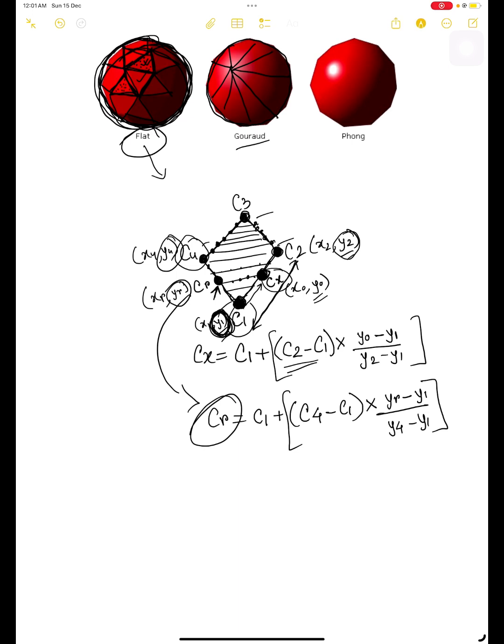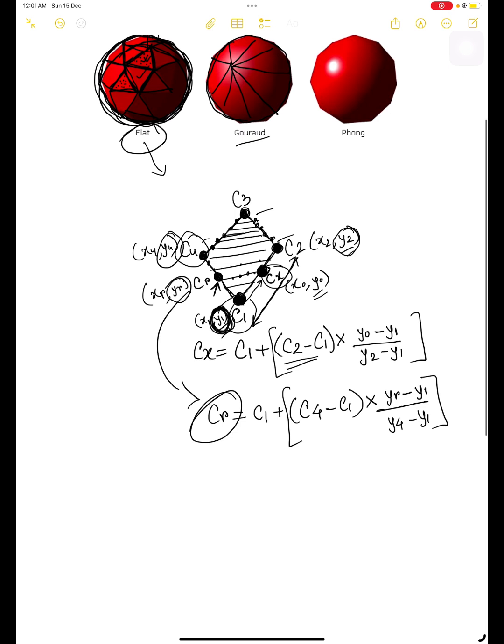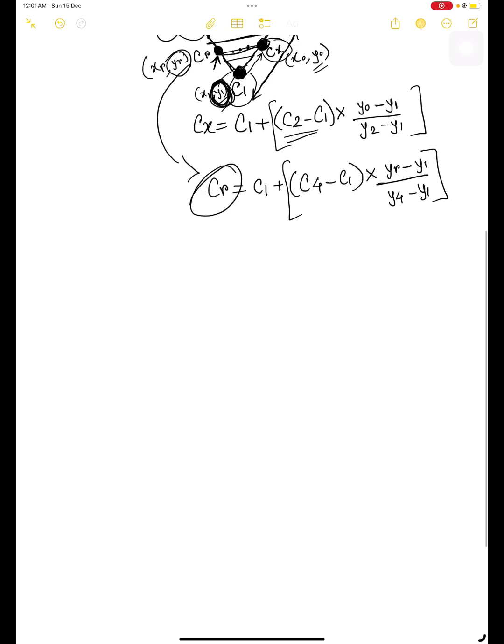So just like this, now if I want to find the colors along these scanning lines, suppose here, here, and here, all I have to do is, suppose if this was my polygon, these are my vertices, and just now I found out the color of this point and this point, which was my CX and CR.